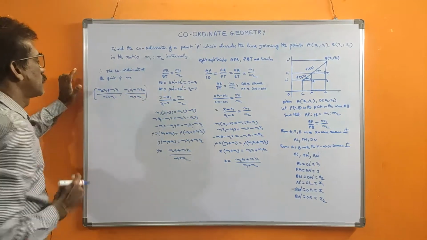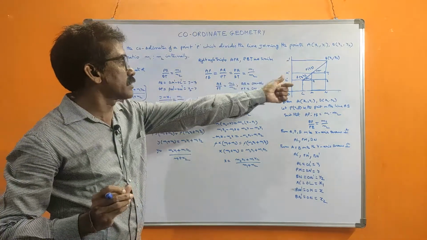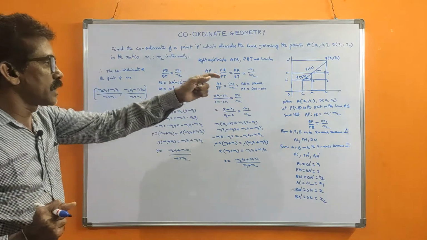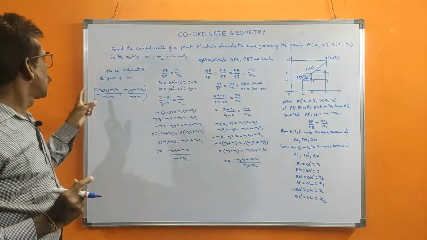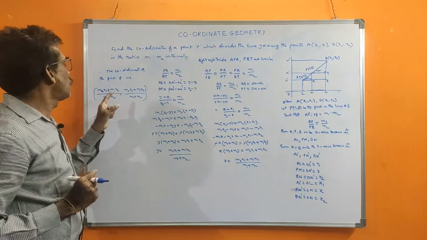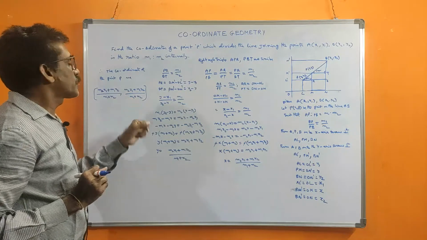This is the formula. The point P which divides the line joining A (x1, y1) and B (x2, y2) in the ratio m1 is to m2: the x coordinate is (m2 x1 plus m1 x2) over (m1 plus m2), the y coordinate is (m2 y1 plus m1 y2) over (m1 plus m2).